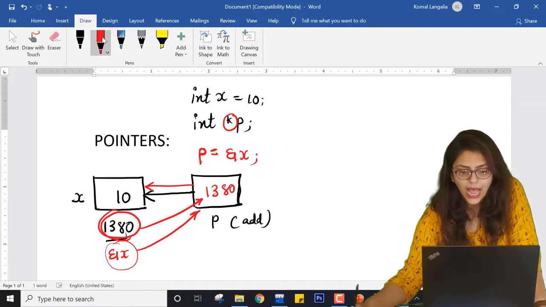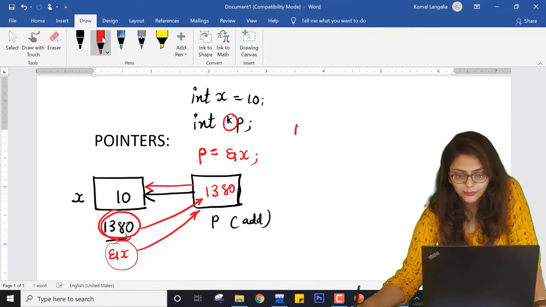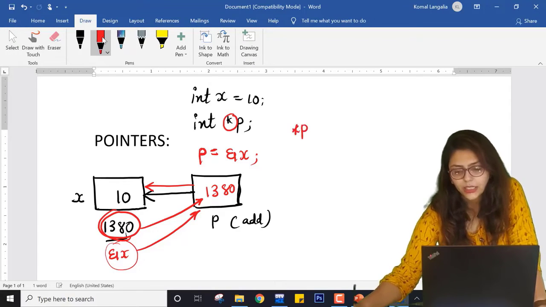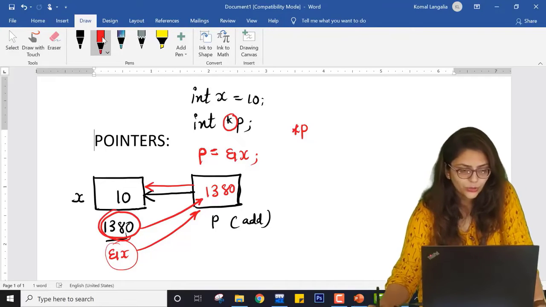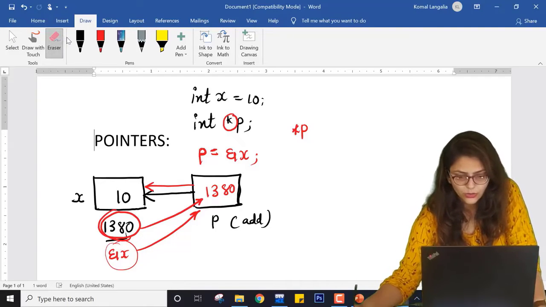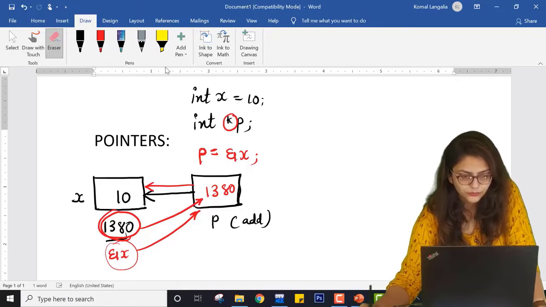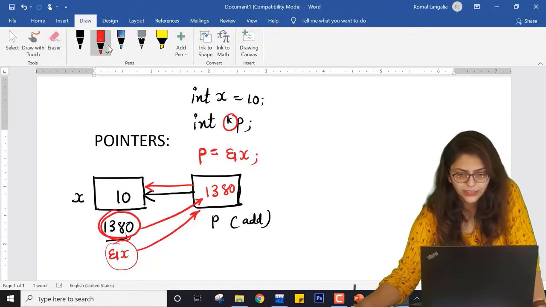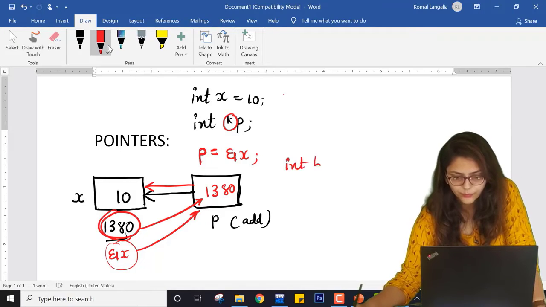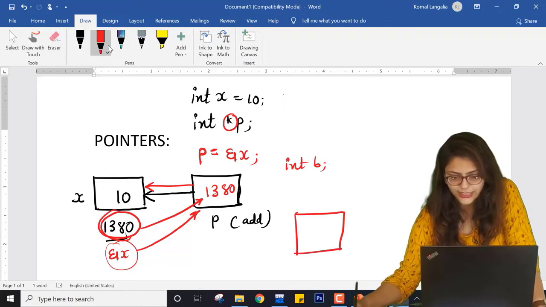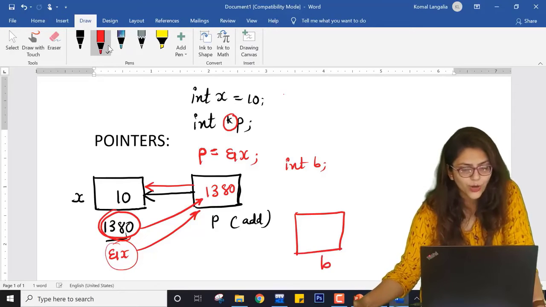Now suppose I am writing asterisk p. Let me erase this. Now I am taking another variable int b. So one variable b is created which currently has some kind of garbage value.